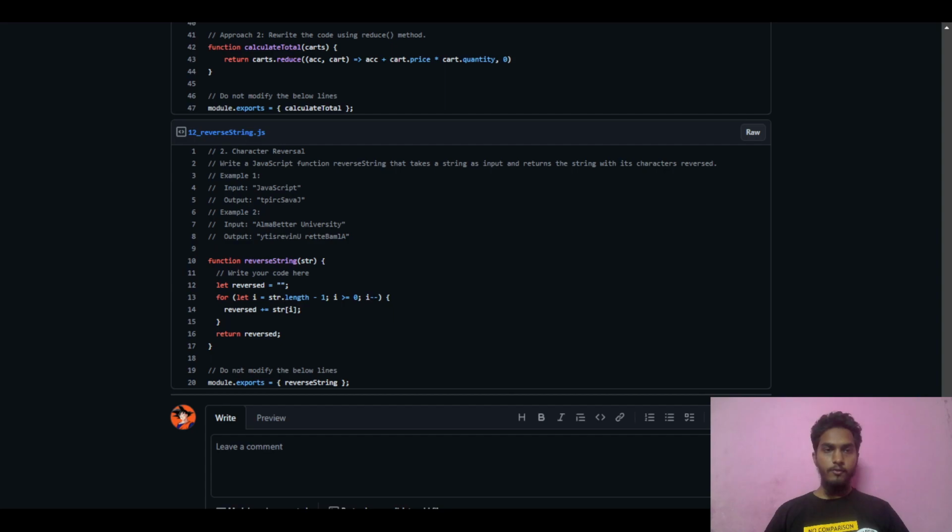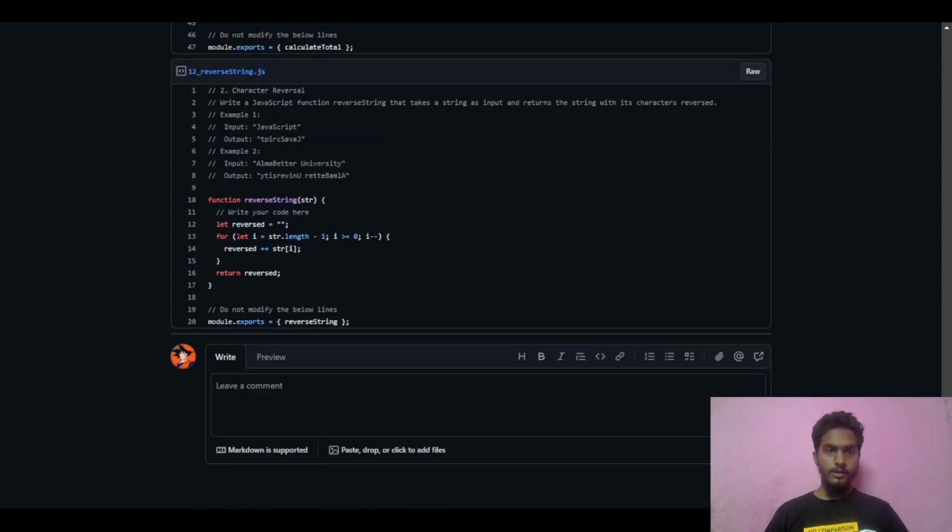So I have selected the reverse string problem. In this problem I have to write a JavaScript function reverseString that takes a string as input and returns the string with its characters reversed. For example, if it is given JavaScript like this, we have to return it in reverse order, and we have to take care of the cases also.